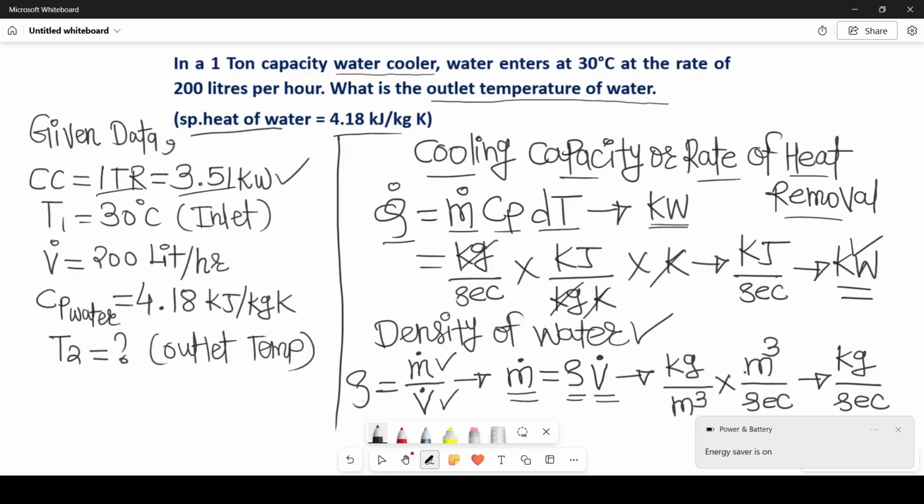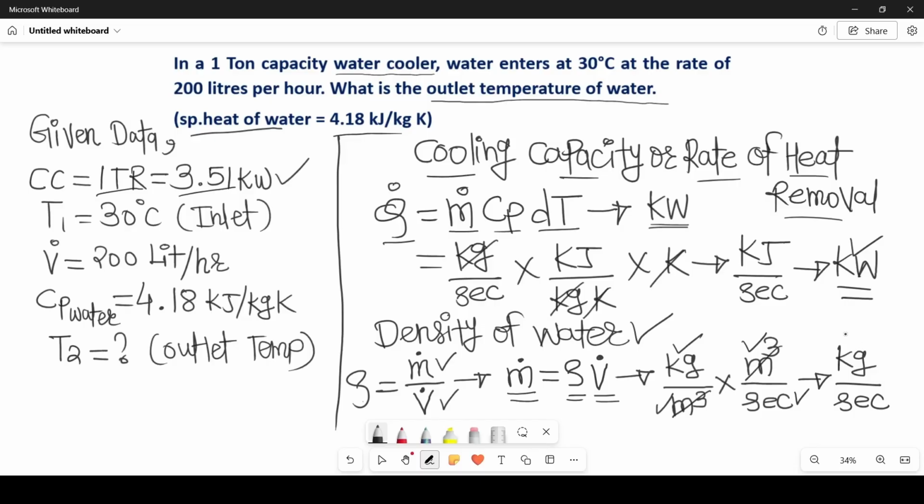So what units we should use in this? I will use density in kg per meter cube, and volume flow rate should be in meter cube per seconds. In this, meter cube will get cancelled.